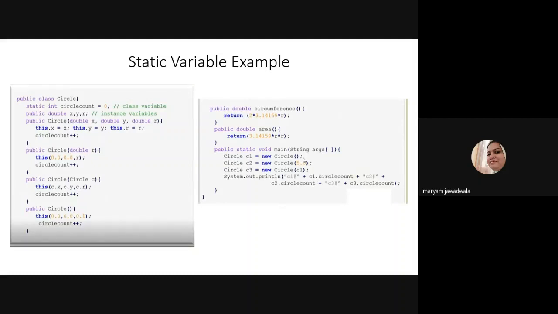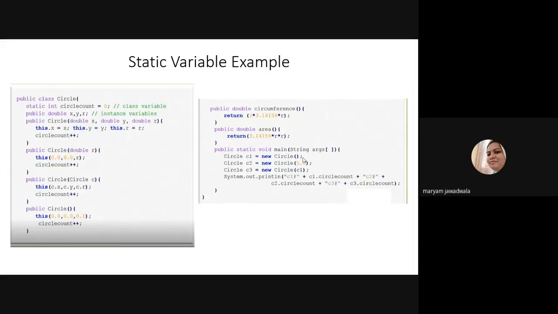So the first line inside the Circle class: static int circleCount equals 0. So what happened here? I am declaring one variable circleCount of type integer with the keyword static. Means what? The circleCount is a class variable, or I can say circleCount is a global variable. I initialize it with 0. So initially it is 0.